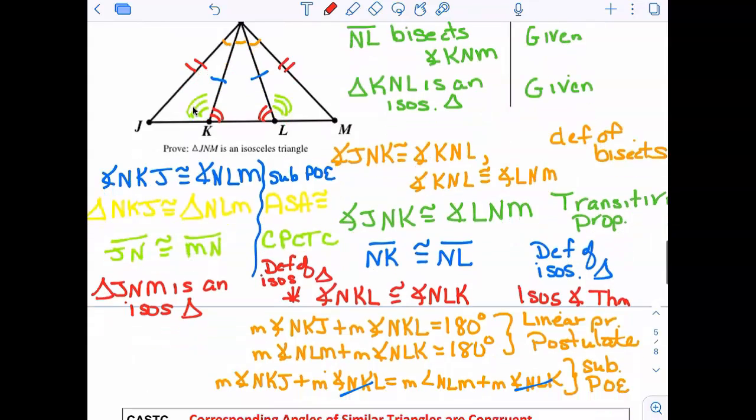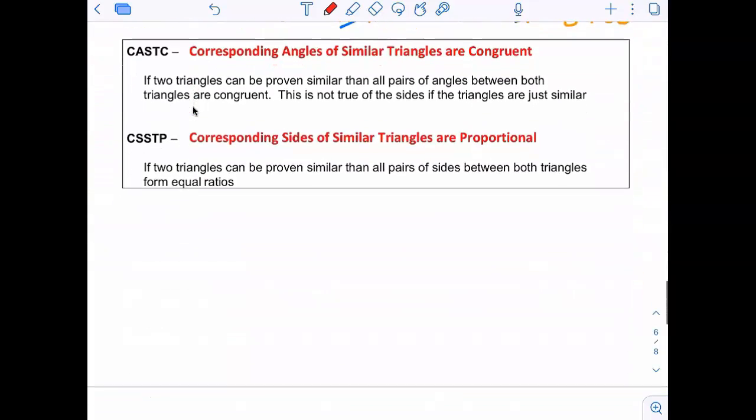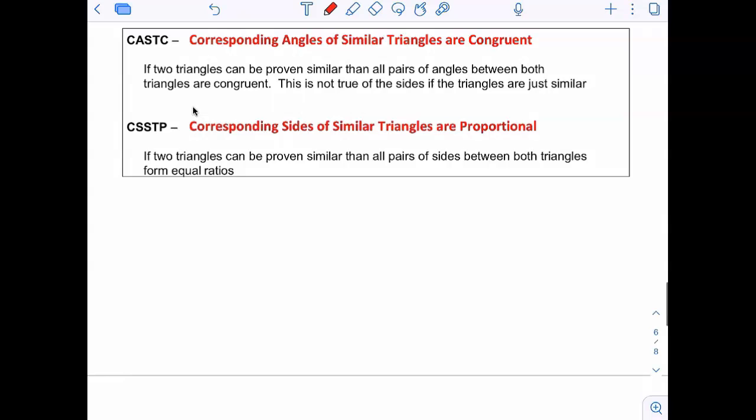Now, let's look at 2 more rules or postulates that are going to allow us to prove certain things. So the top one is corresponding angles of similar triangles are congruent.